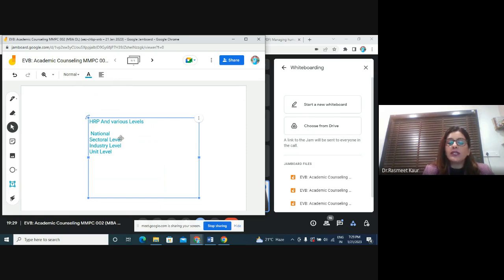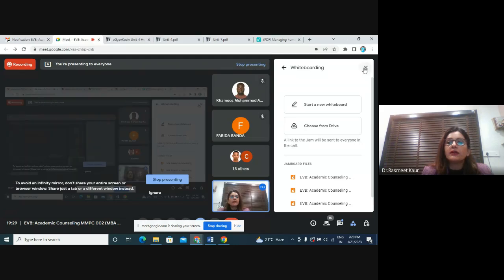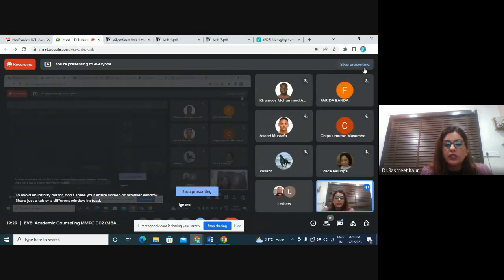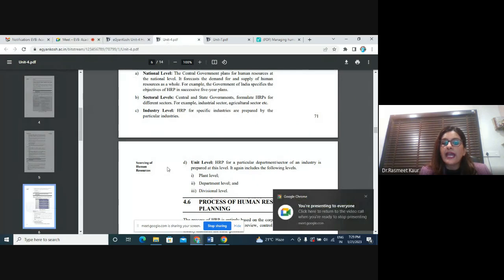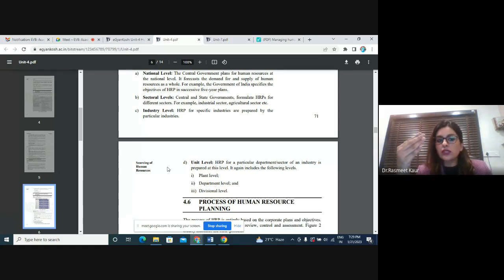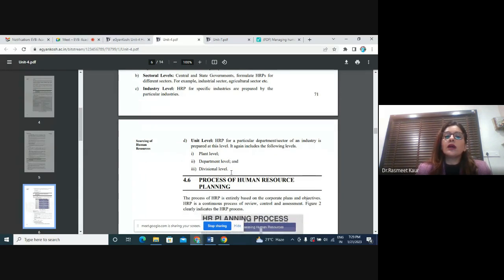If I narrow it down, it comes down to sectoral level. If I narrow it down further, it comes down to industry level. And finally, how HR planning is done in the organization, it is done at the unit level. So this is how it flows: national, sectoral, industry, and then finally the individual or unit level, where we do various types of HR planning, maybe departmental wise, divisional wise.